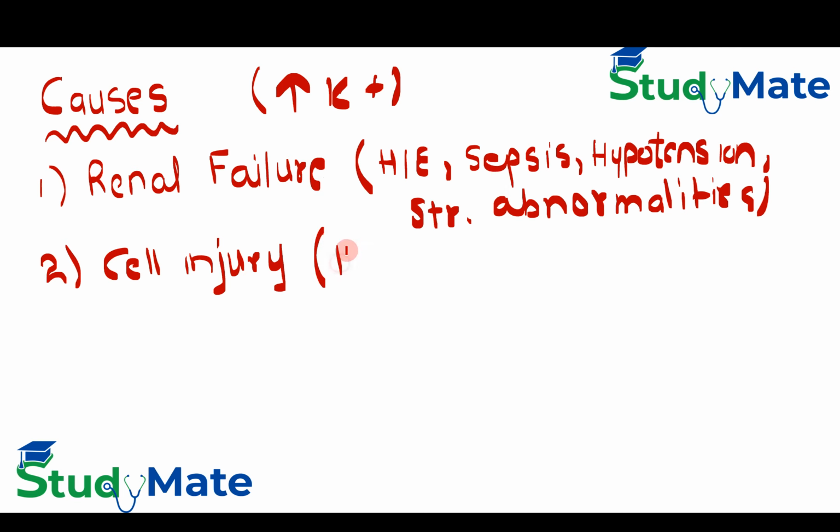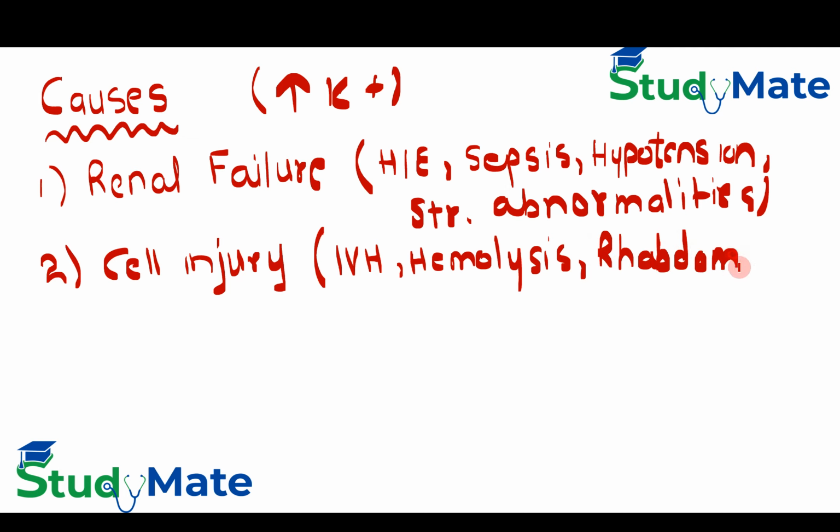For example, in intraventricular hemorrhage there is obviously increased hemolysis. In any condition in which there is hemolysis, it will lead to hyperkalemia. Another famous example is rhabdomyolysis.